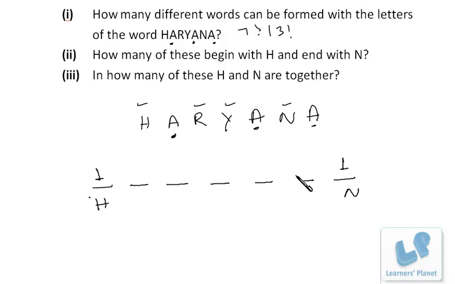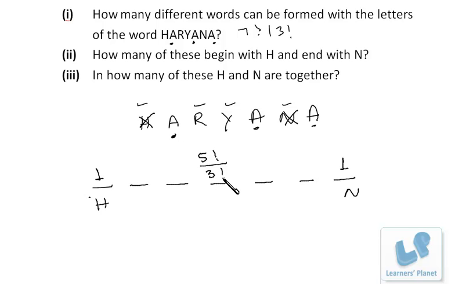Now we have 5 places and we have to fill up 5 letters, right? The remaining letters are, I just cancel H and cancel N, so the remaining letters are 1, 2, 3, 4, 5. So 5 places, 5 letters can be arranged in 5 factorial ways, obviously, and we will divide by the repetition, that is A is being repeated 3 times, so we divide by 3 factorial.